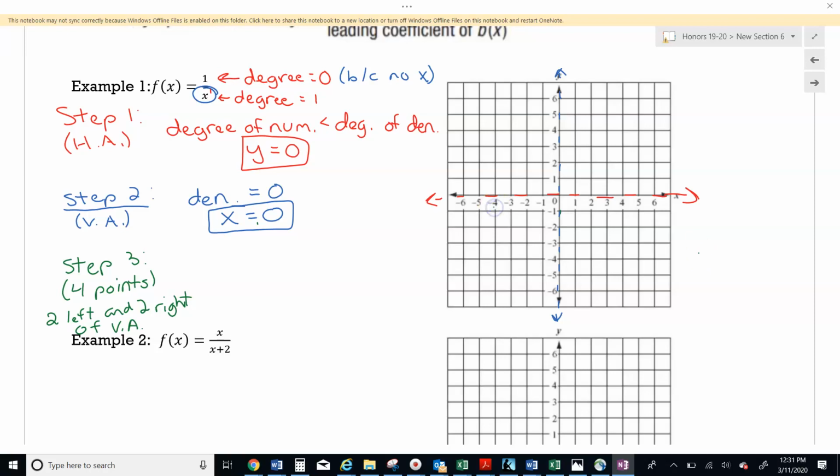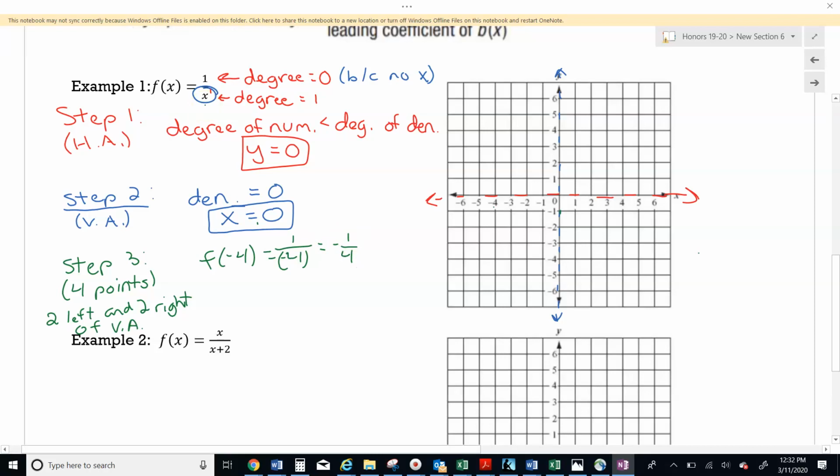So let's choose negative 3 or negative 4. So f of negative 4 equals 1 over negative 4, right? Which equals negative 1/4.